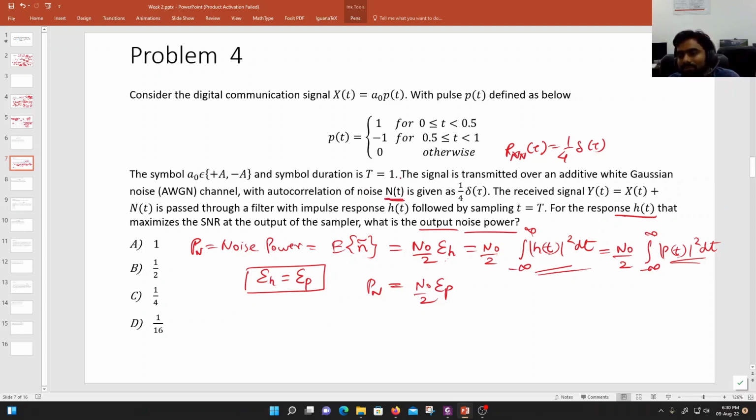The output noise will be n tilde. If you take R of n tilde of tau, then you can take the Fourier transform, and it would be the same. Tilde is a notation we use for the output.